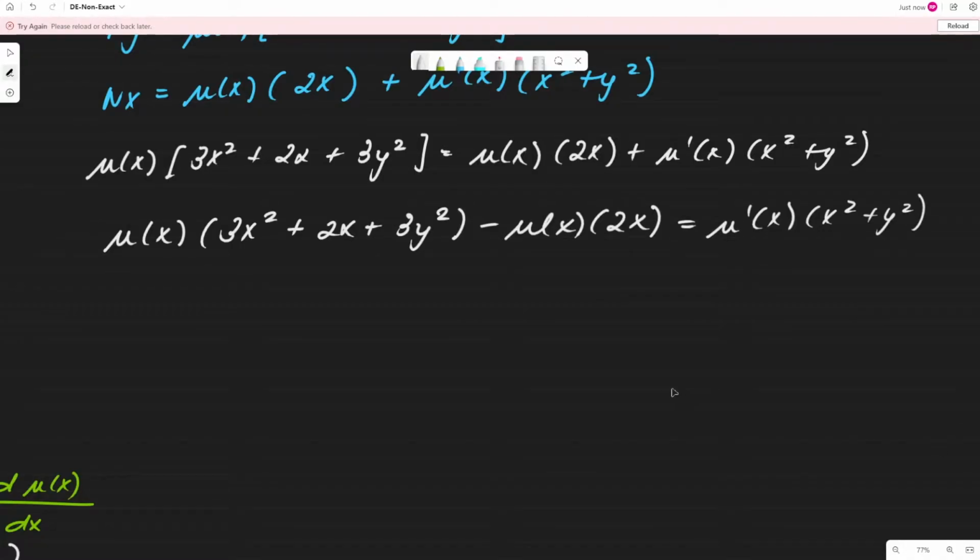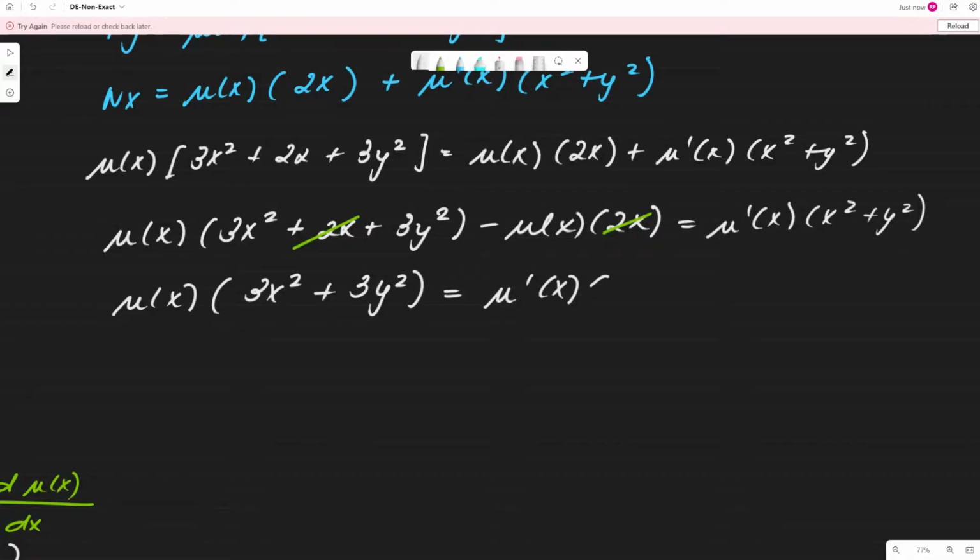We can factor out mu of x. So 3x squared plus 2x plus 3y squared minus 2x, the 2x terms cancel, and what is left is 3x squared plus 3y squared, equal to mu prime of x times (x squared plus y squared).